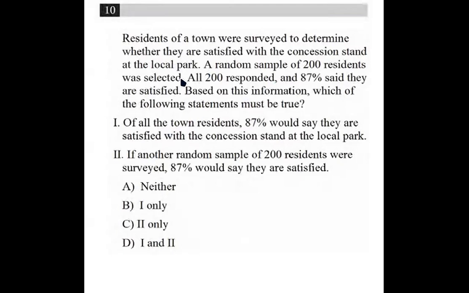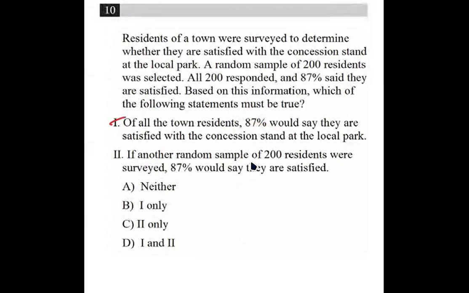We've got a random sample of 200. 87% there said they were satisfied. So of all town residents, 87% would say they're satisfied. This is not true. We can't necessarily say 87% were satisfied because we don't know this for sure. We can say that we predict 87% would be satisfied. We can say that we assume 87% were satisfied, but we can't say that for a definite fact like it is in this statement. So one is not true.